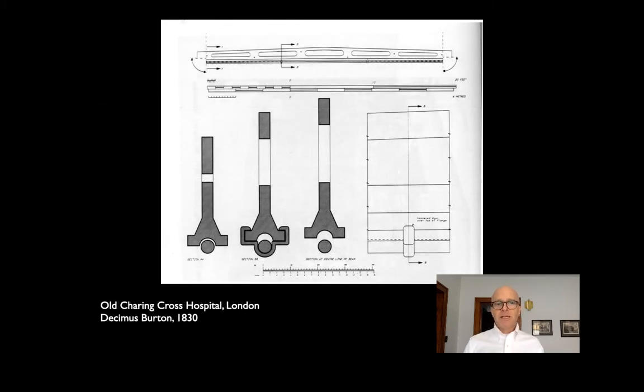And you may remember that we briefly looked at this very curious beam from Charing Cross Hospital in 1830, where they actually not only made a fish belly beam, but they actually tuned the material to the stresses that they thought were going to be in the beam. So the top bit here is made of cast iron, which is easy to shape into a variety of geometries.